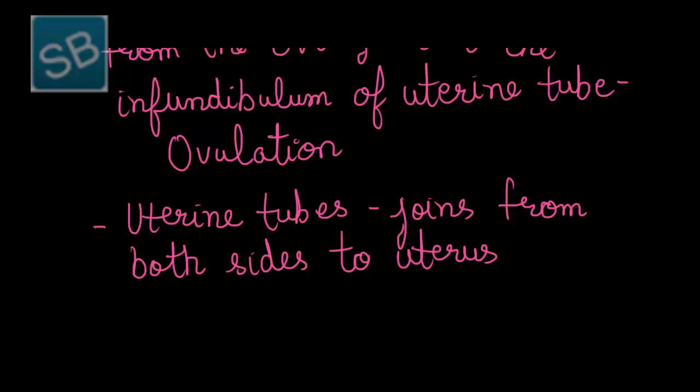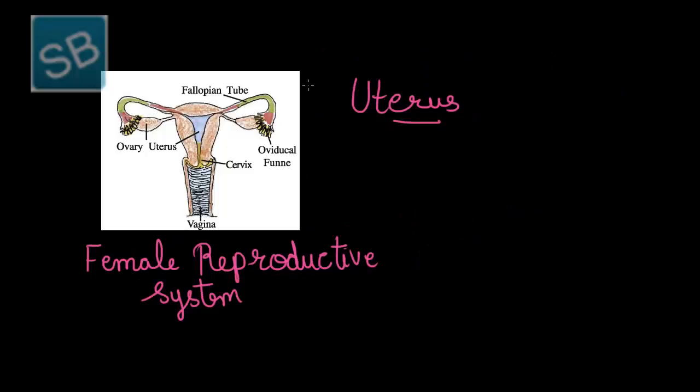Now let us start with another structure, that is the uterus. Following the fallopian tube occurs another structure known as the uterus. As can be seen from the figure, it is an inverted, pear-shaped and thick muscular structure, the one highlighted in purple, and is situated between the urinary bladder and rectum.